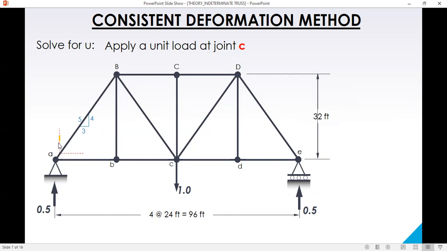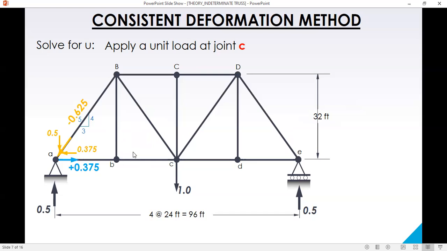Okay, 0.5, balance 0.5, and then by ratio and proportion, 0.5 over 4 times 3, 0.375, and then 0.5 over 4, and then the result times 5, it's 0.625, and then 0.375 will be balanced with this, and then proceed to joint B, and then C, and then D, and then E. Same with what we did in the previous slide.